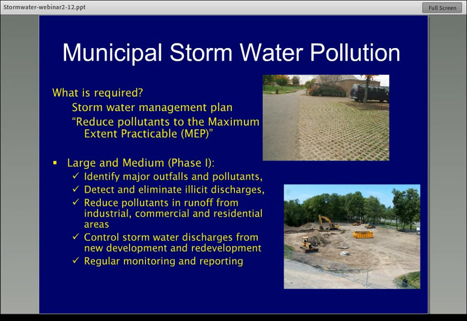So, for example, is the maximum extent practicable something else that has already happened in their jurisdiction, or something that has already been done as a best management practice somewhere else in the country, something that's already being done on a regular basis to control stormwater elsewhere in the country? And so there's a lot of wrangling in the courts about how to really understand and have some kind of bright lines for what is considered the maximum extent practicable.